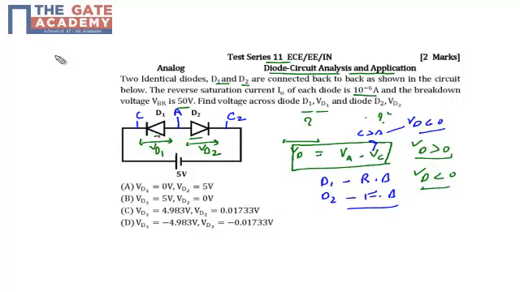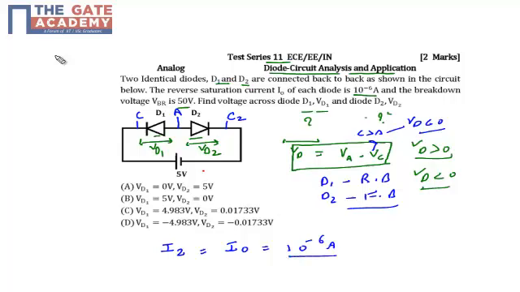So if D1 is reverse biased, we know that in a reverse biased diode only the reverse saturation current flows. So across D1 only the reverse saturation current flows, which is equal to I0, given as 10 raised to the power minus 6 ampere.